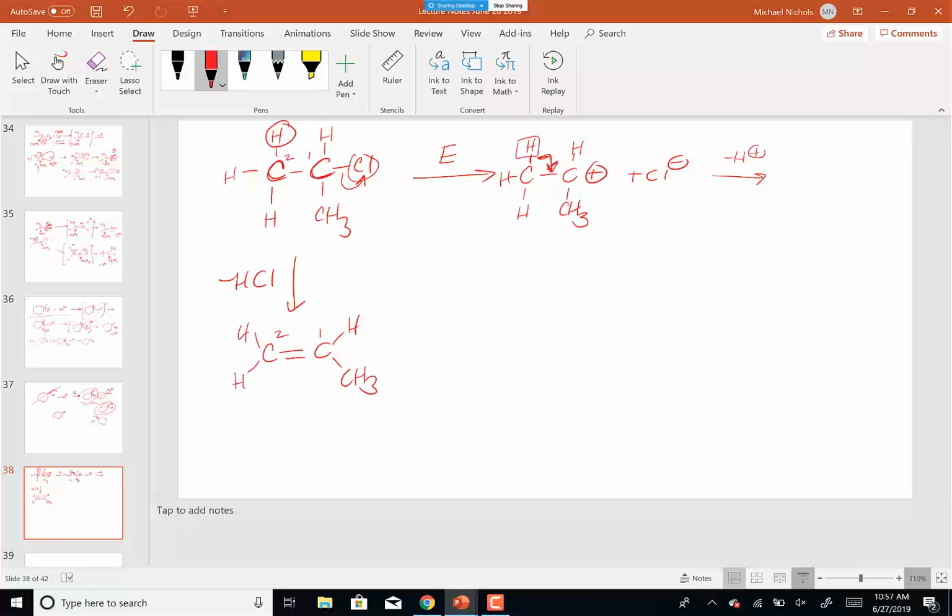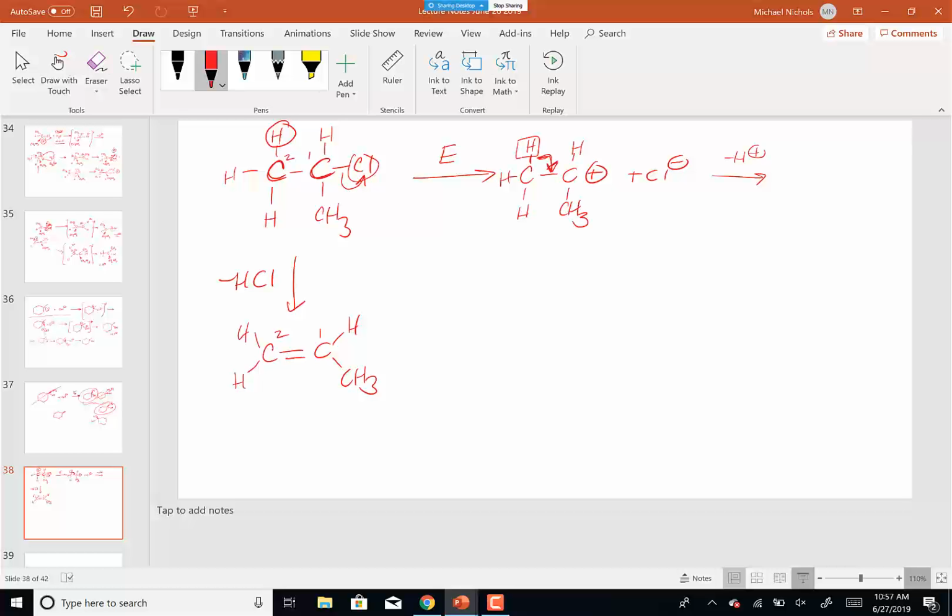The H would eventually bond with the chloride, yes. And in this case, since there's no water, because if there was water, the water would add to the carbocation, if I did this reaction, I would actually see HCl gas spit out of my reaction.